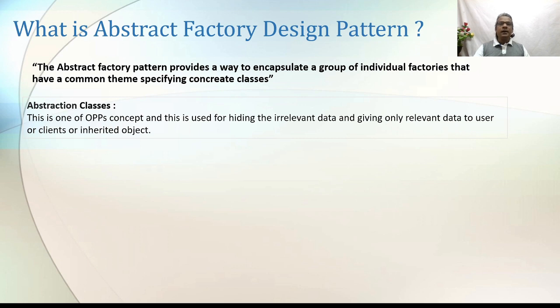That means we have n number of logic in the class, and we don't want to give that logic to the client. We are going to give only the relevant data from server to client. At that time we are going to use an abstract class.